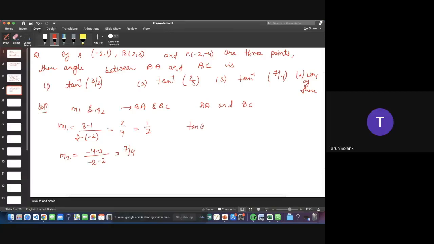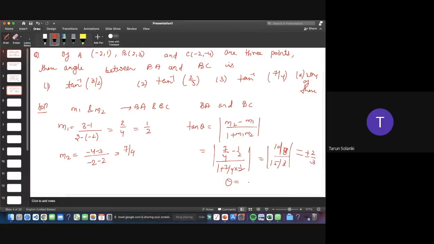So tan theta = (m2 - m1)/(1 + m1m2) = (7/4 - 1/2)/(1 + 7/4 x 1/2) = (10/8)/(15/8) = plus or minus 2/3.